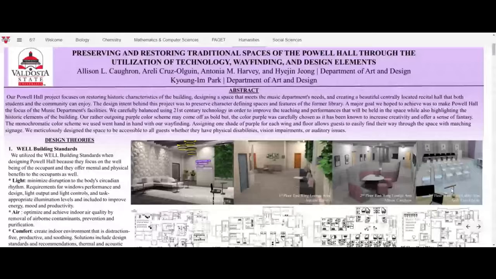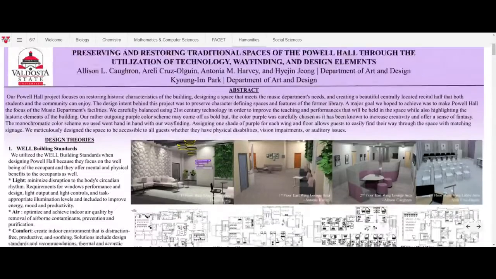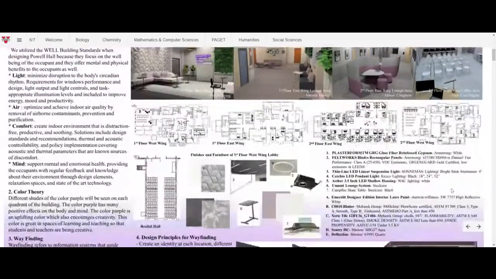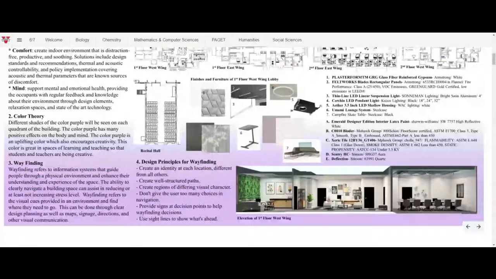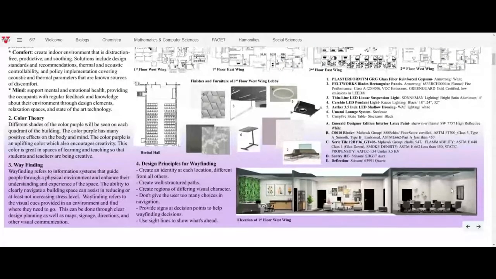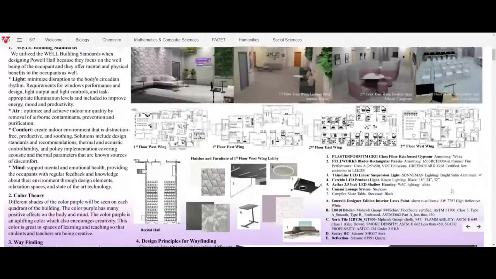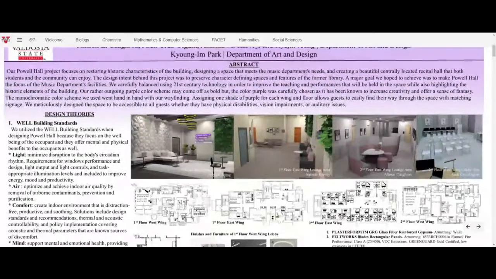Hi, my name is Heijin Zhang, and I'm a senior in interior design major, and our project is really related to interior design themes and theories and some design elements.